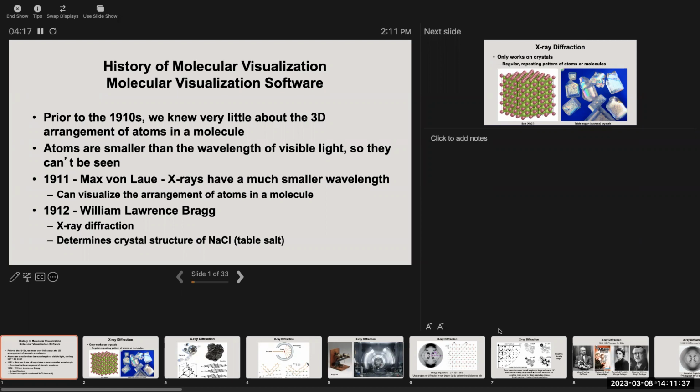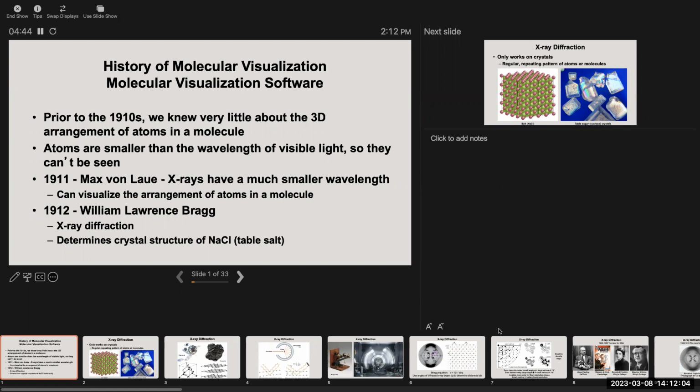So 1912, it was actually less than a year after von Laue, William Lawrence Bragg, who was working at Cambridge University. There's a physics lab at Cambridge University known as the Cavendish Lab, which I'll mention again later because it's been a hotbed of this kind of 3D structural biology research, molecular biology research.